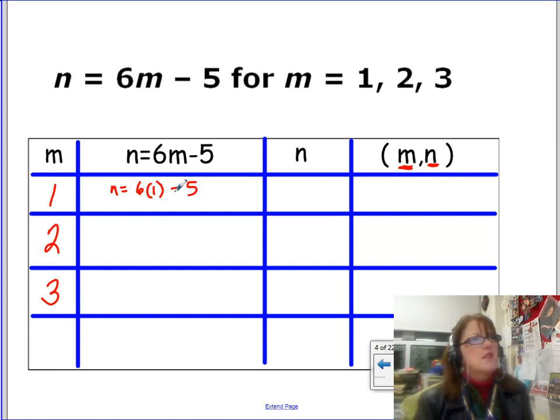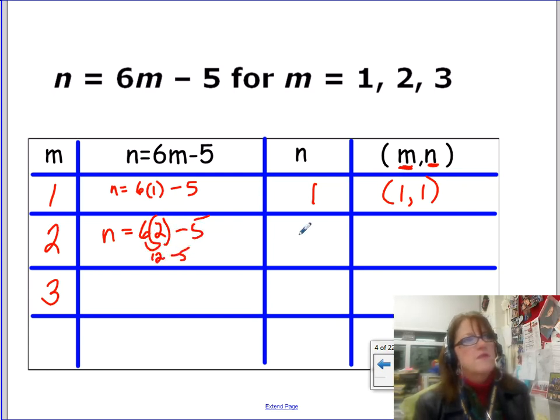Let's see, that's 6 minus 5. That gives me 1. So my ordered pair is 1, 1. That's a solution. Can there be more than one? I'm saying yes, and here's how. Plug in a 2 for M. That gives me 12 minus 5. 12 minus 5 would be 7. Here's another solution, 2 comma 7.